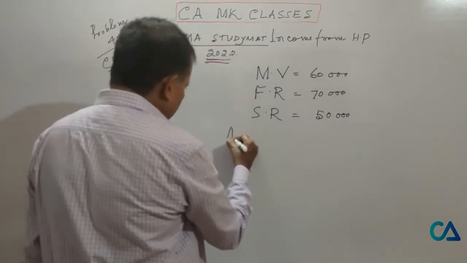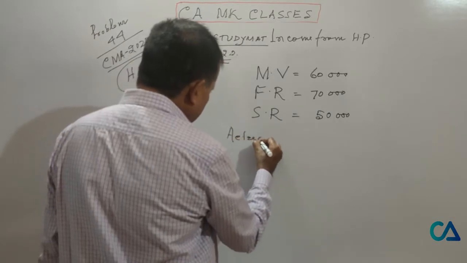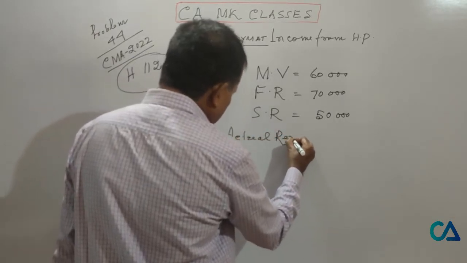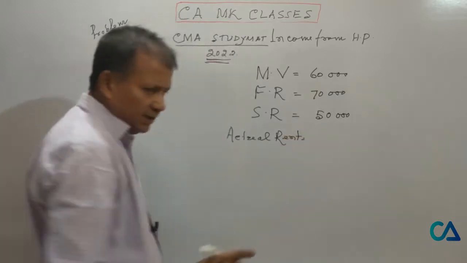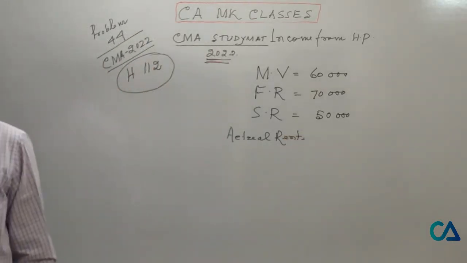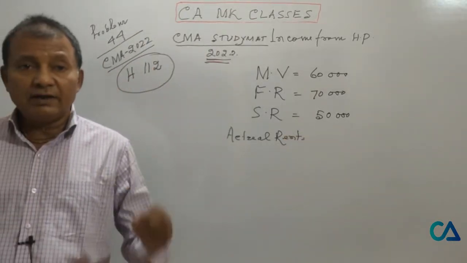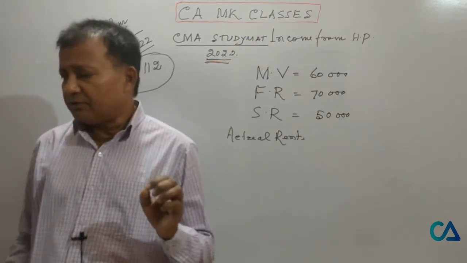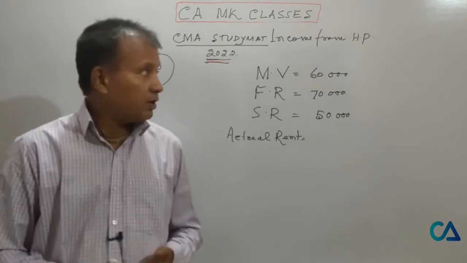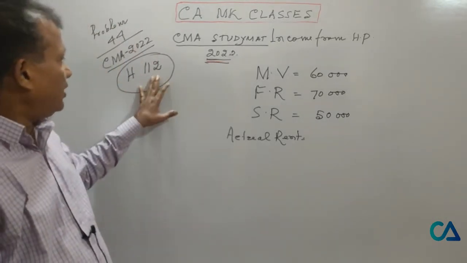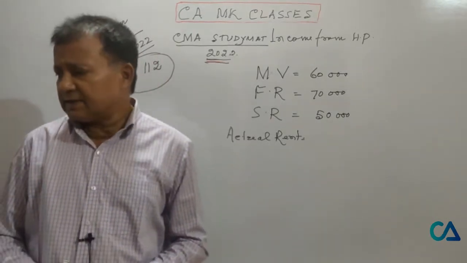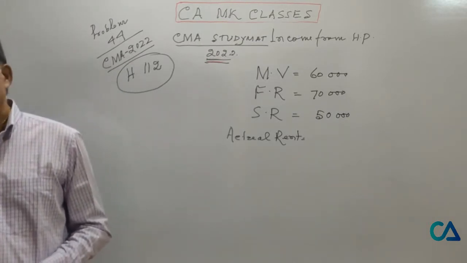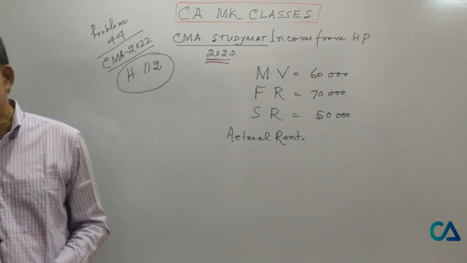Actual rent, I am taking actual rent here. In this question the rent per month for property number 112 is 6,000 per month up to July 31st.